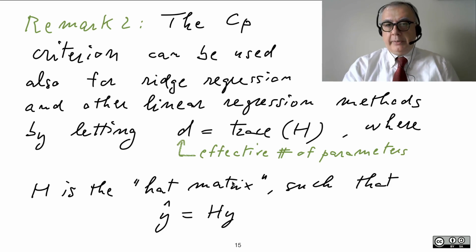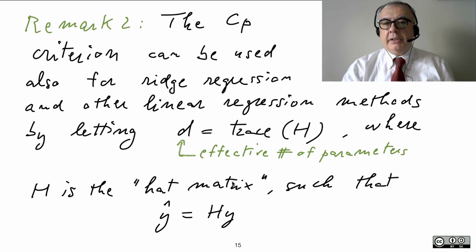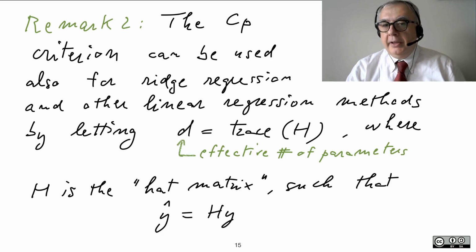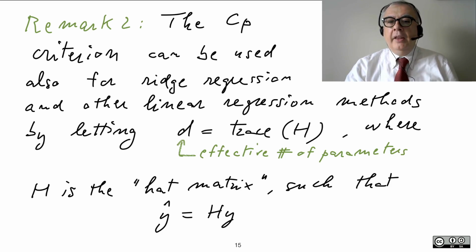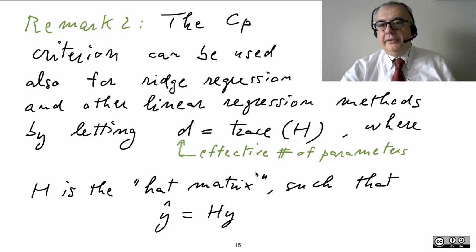Second remark: the CP criterion can be used also for ridge regression and other linear regression methods, provided that you know the degrees of freedom. As a matter of fact, for these methods, and it also holds for smoothing splines, for instance, the degrees of freedom are the trace of the hat matrix.